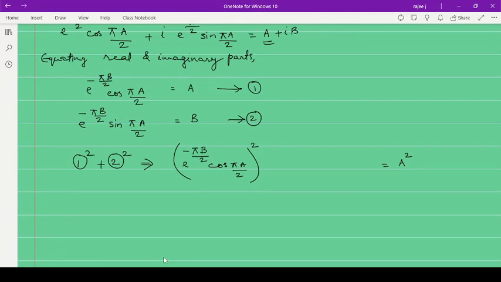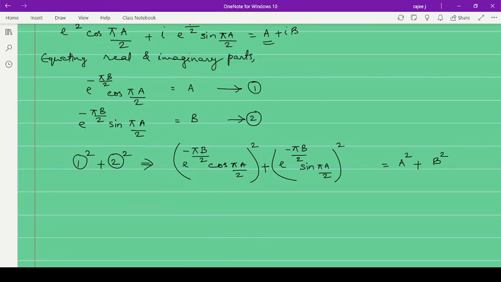That is equation number 1. Equation number 2 is e raised to minus pi b by 2 sin pi a by 2 squared. So we squared equation number 2. Its left side is this one, and the right side is b square. Now squaring and adding, 1 square plus 2 square.